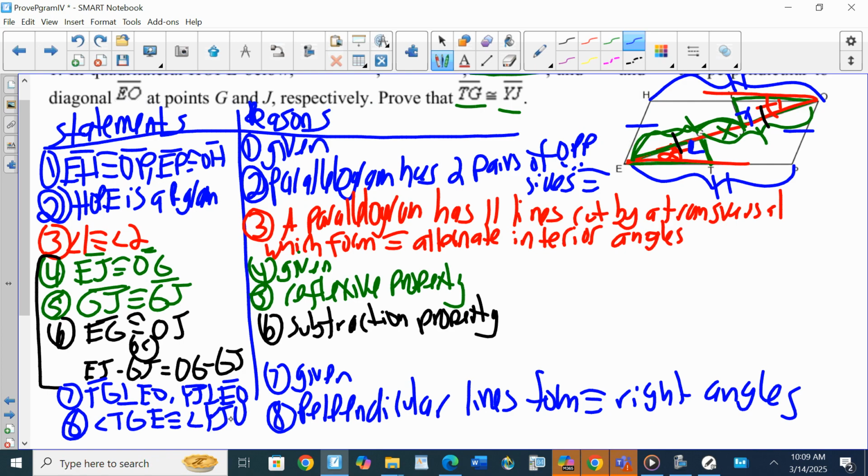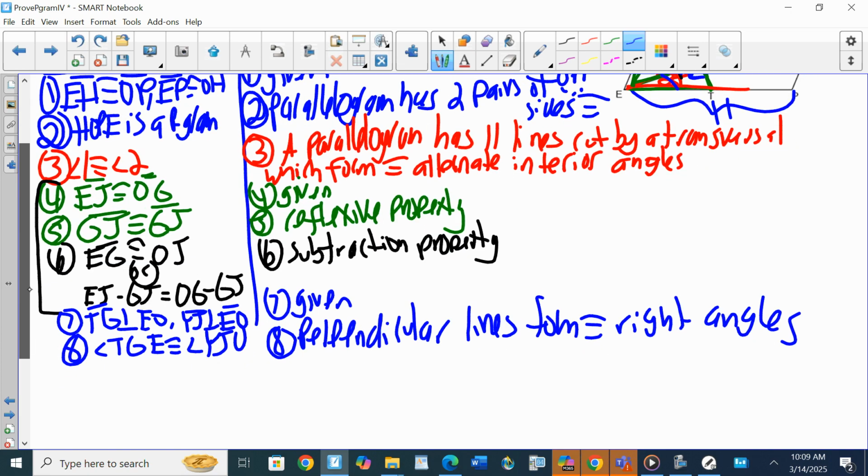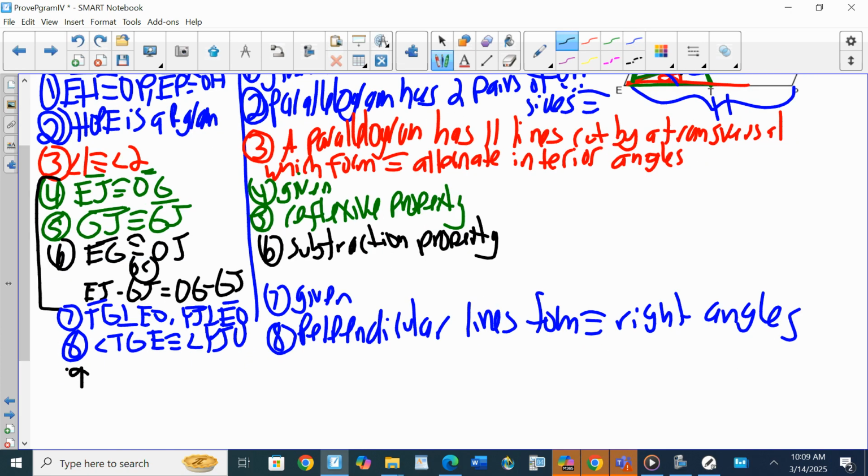Now I've got three things. Again, it's a little messy. Can't help that on the computer. Once I have three things congruent, I state the triangles are congruent. TGE, YJO. What did I mark?